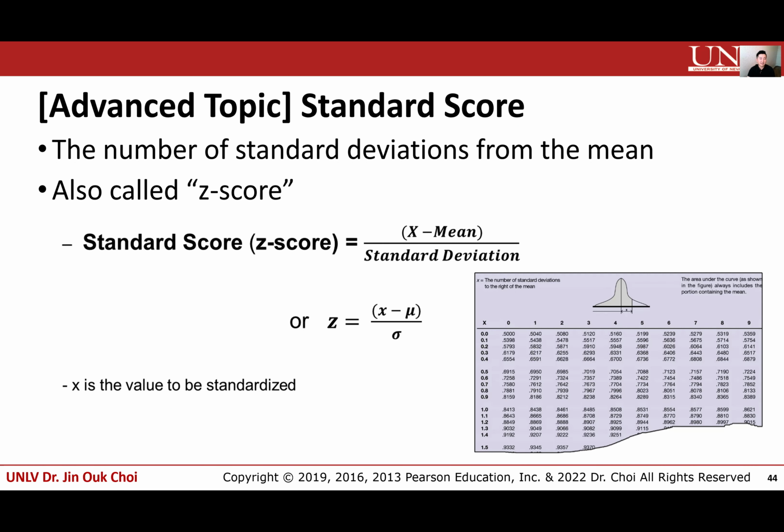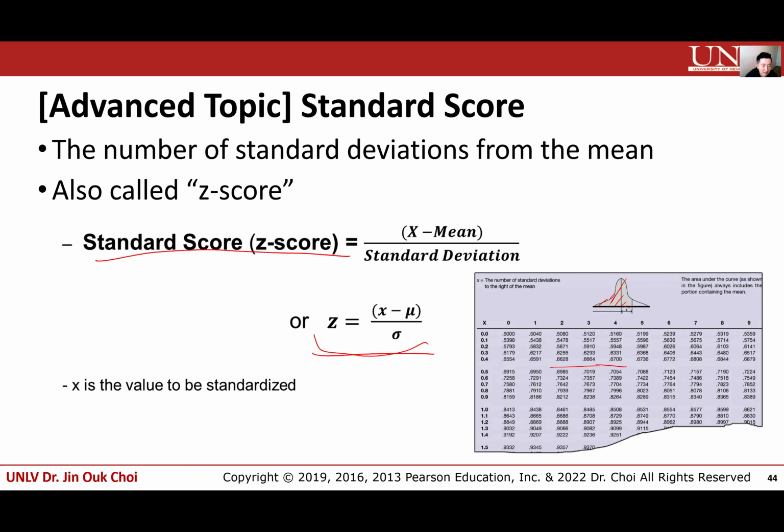And as I mentioned, this is the advanced topic, which is using the standard score, the number of standard deviations from the mean. When we know the standard deviation and the mean, which is from the previous problem, we can calculate the z-score or standard score, and we can calculate the probability of how likely that is to occur, assuming the values are normally distributed.